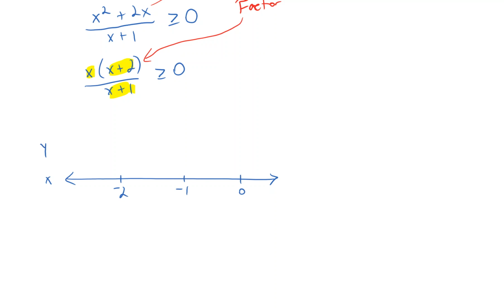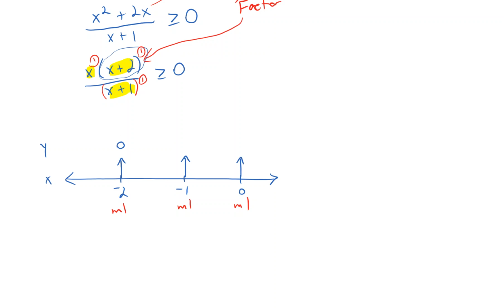Go ahead and write the multiplicities of each of those. They're all to the first power, so they all have multiplicity 1. We'll go ahead and find the y values for each of those x values. If I plug negative 2 in, it makes my numerator 0, which makes the fraction 0.